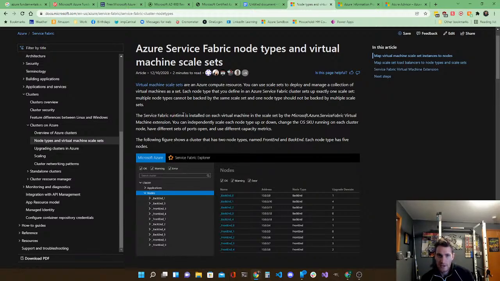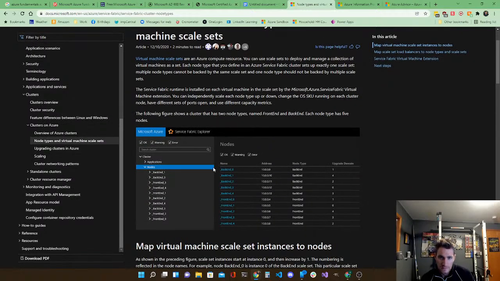The Service Fabric runtime is installed on each virtual machine in the scale set by the Microsoft Machine Extension. You can independently scale each node type up or down. So what are these node types? So there's a cluster that has two node types named front end and back end. Each node type has 5 nodes.